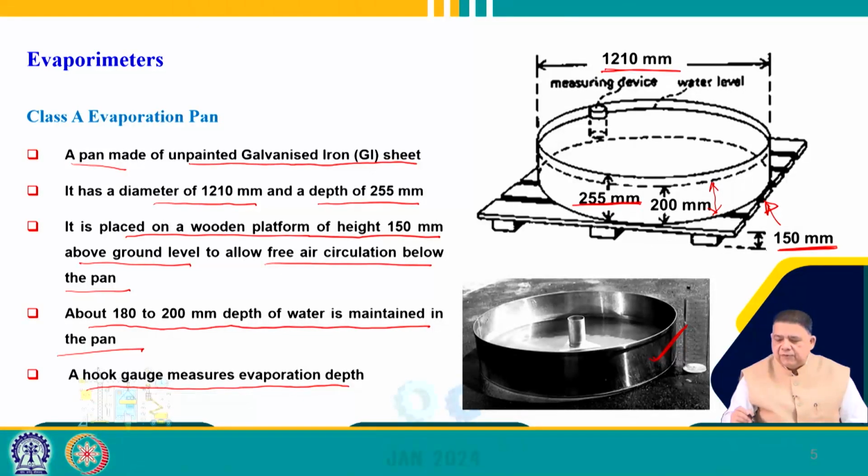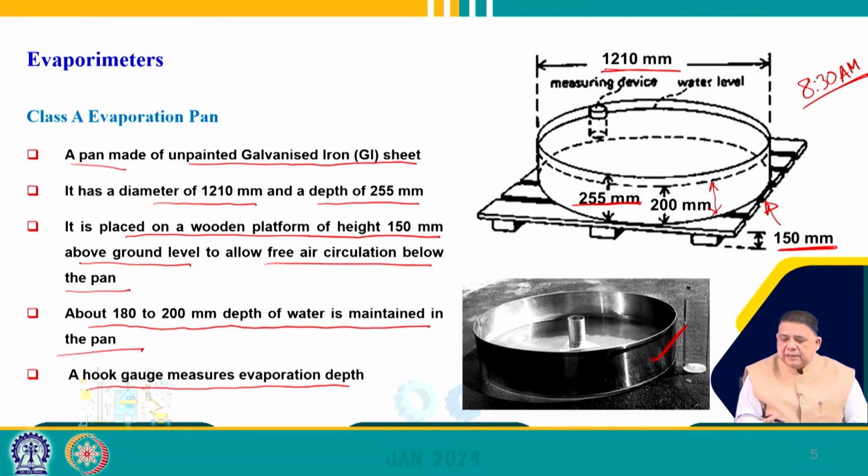We fill the pan up to a depth of 200 millimeters, and next day morning at 8:30 a.m. Remember, while discussing the non-recording rain gauge, I mentioned that 8:30 a.m. is the time recommended by IMD for recording all kinds of non-recording meteorological events.